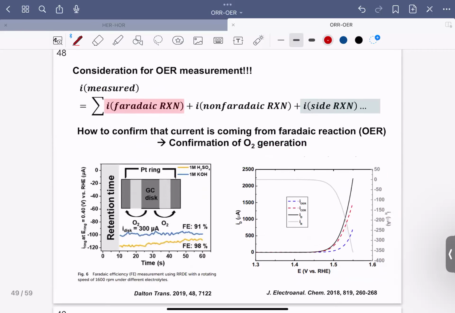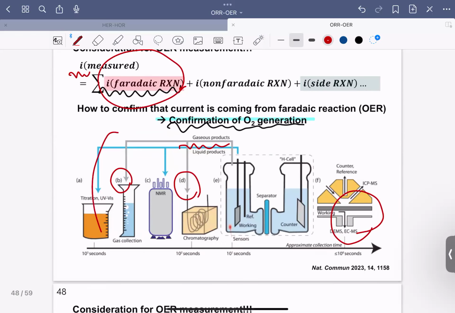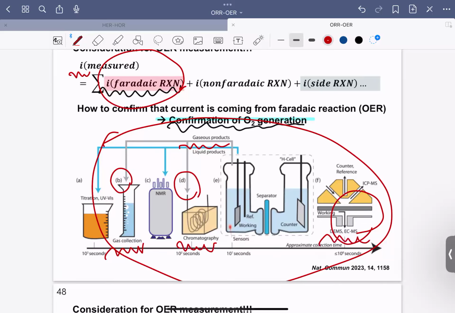And what about the others? You can confirm the Faraday reaction in a different way, because please keep in mind that this is the direct confirmation of oxygen gas: by measuring the volume, the concentration, the real quantity, right?